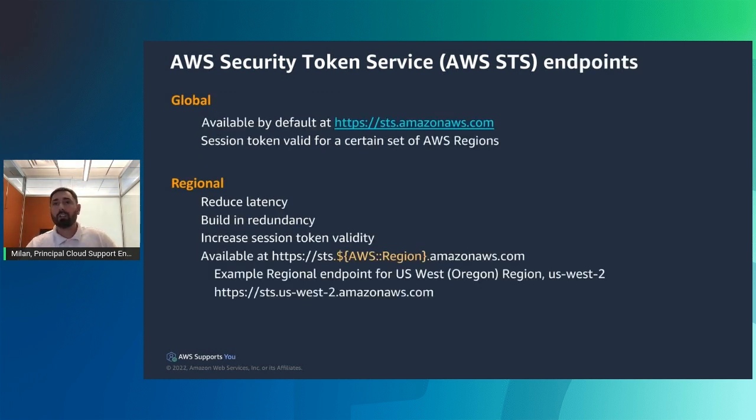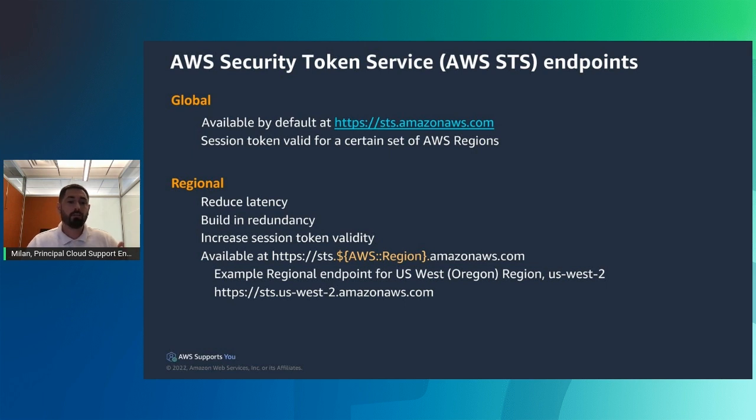Now, when we talk about the endpoints, the AWS STS is available in different flavors, where there's a global endpoint, which is available by default, and it routes all the requests to a single endpoint, which is sts.amazonaws.com. Now, the tokens that are vended by this endpoint by default are called version 1 tokens.